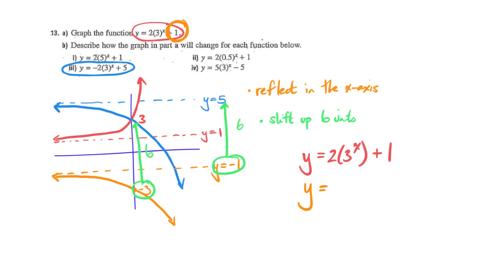If you think that this orange equation is you reflecting that in the x-axis, there's our mistake. And some of us, just because of our background, might have in our mind that, well, to reflect a graph in the x-axis, you just put a negative out in front. And that's incorrect.